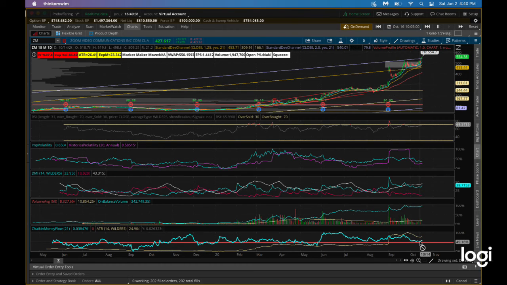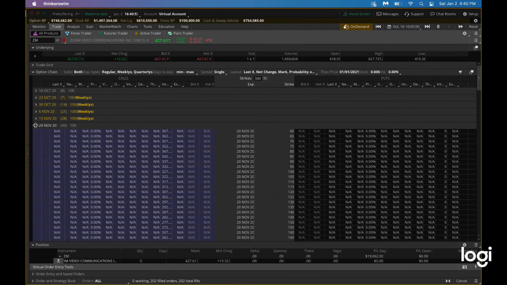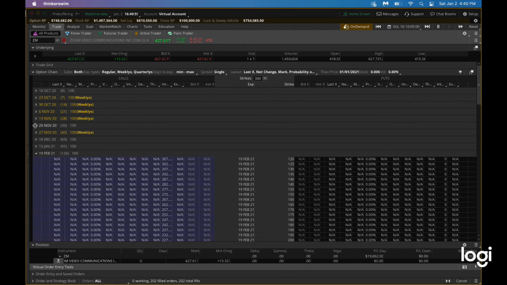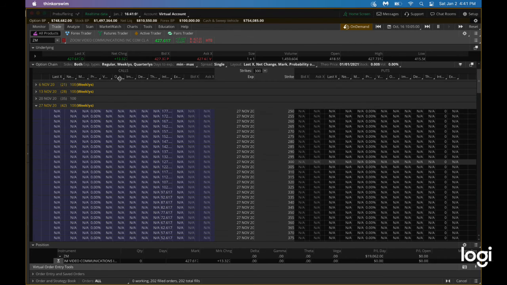So what we'll do right now is we will basically buy a put, because we are thinking, hey, the stock is at an all-time high, so maybe it's a good time to initiate a put position. So with that, let's go to the trade tab, and for the put position, like we talked about, we would go around 45 days. 42 is good enough here, and the stock is at 427 right now, still buffering.